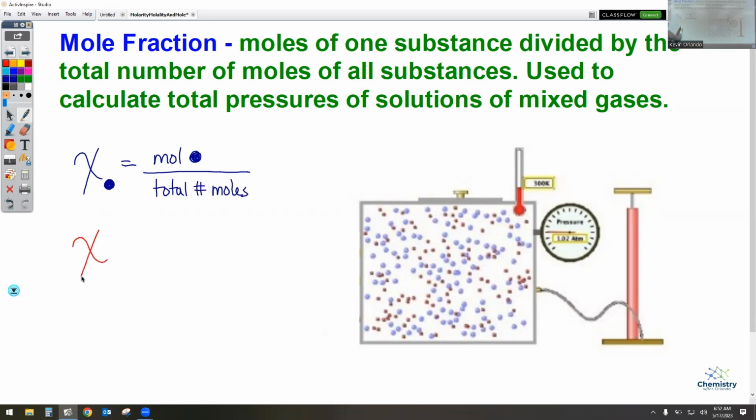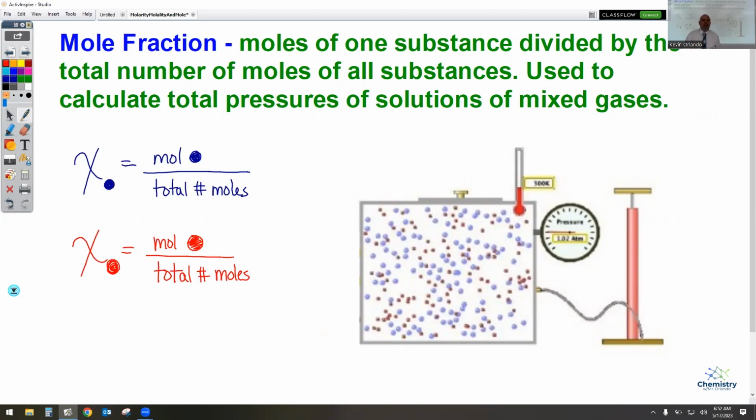And the moles for the red spheres would equal the moles of red spheres divided by total number of moles. Now, embedded in that is the calculation where you're going to have to figure out how many moles of each type of molecule you have.